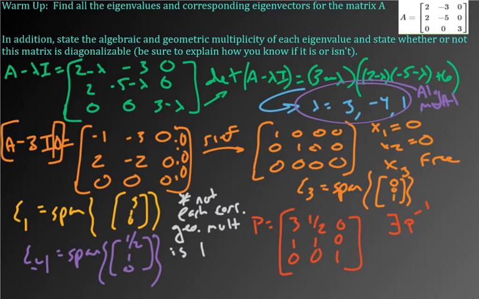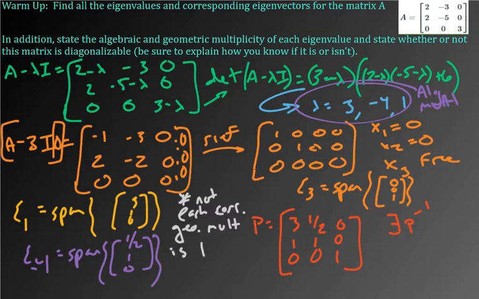If it had algebraic multiplicity 2, you need 2 columns to be filled, and so you would need a dimension 2 eigenspace there. But here everything's good because every single eigenvalue is going to give you a vector that you can put in, and then you're going to be able to invert and do the whole matrix computation to diagonalize it.